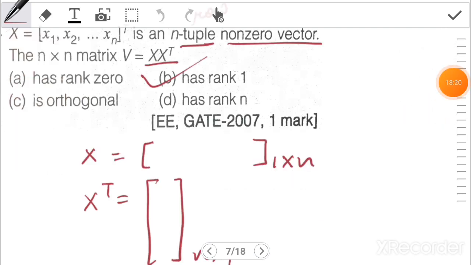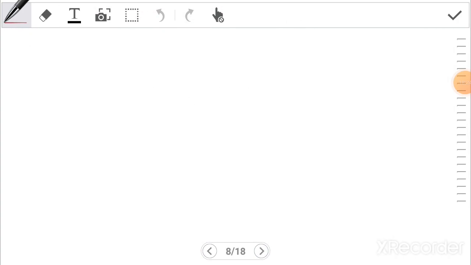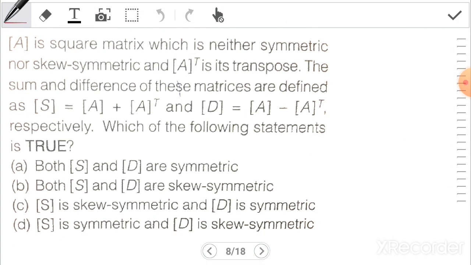Okay, let's go to the next question. A is a square matrix which is neither symmetric nor skew symmetric. The sum and difference of these matrices are defined as S and D respectively.